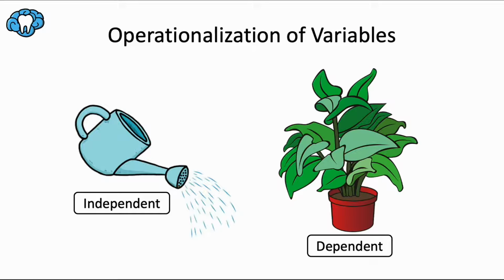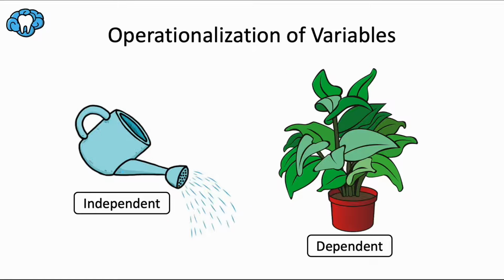Here on the left, we have the independent variable, also known as a predictor or explanatory variable. This refers to the conditions or factors of an experiment that are manipulated or controlled by the investigator.